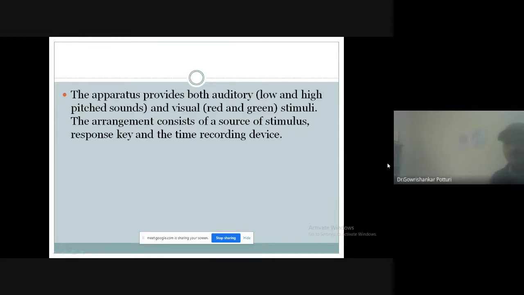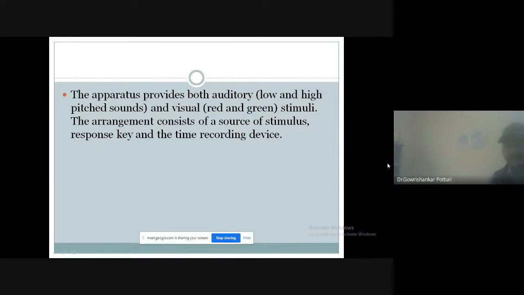The apparatus provides both auditory stimuli, low and high pitched sounds, and visual stimuli. Two color lights will be coming, one red light and one green. The arrangement consists of a source of stimulus, that is any auditory or visual stimulus that is given; a response key, which will be on the client side; and a time recording device, which records the time between the stimulus and the reaction.